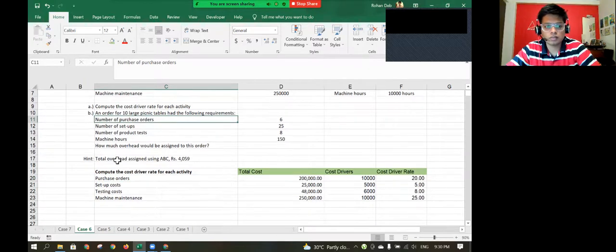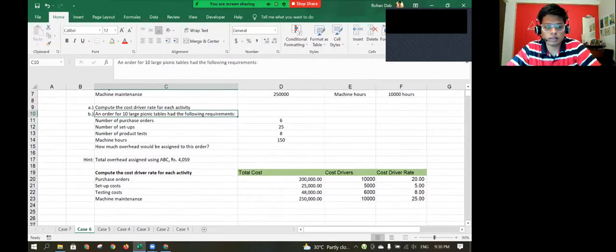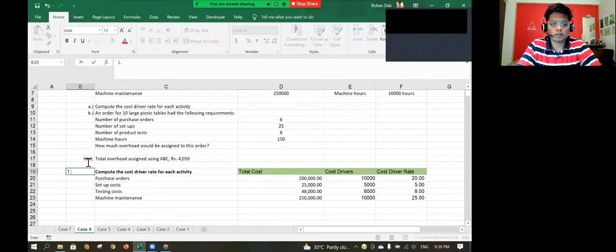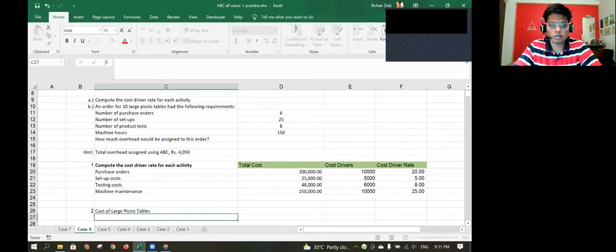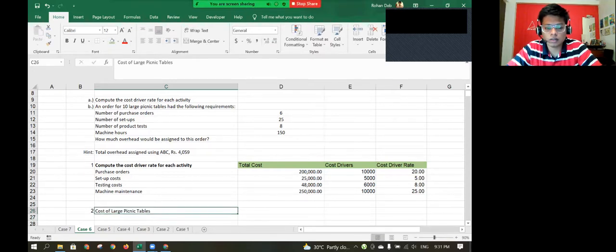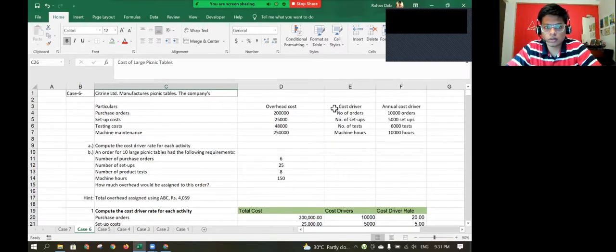So this was case number 1, and this is case number 2, the cost of large picnic tables. Again, all other costs are not given to us.